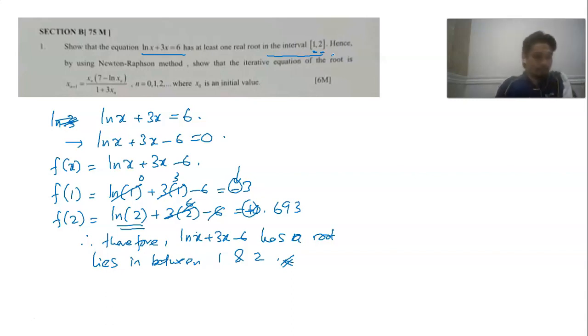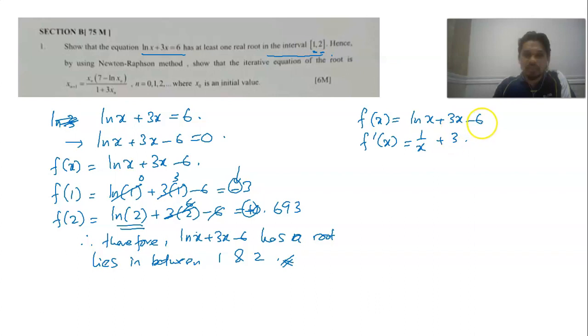Now f(x) equal to natural log of x plus 3x minus 6, and f prime x equal to: differentiate ln x gives 1 over x, differentiate 3x equal to 3, and differentiate 6 equal to 0. So now x(n+1) equal to xn minus f(xn) divided by f prime(xn).